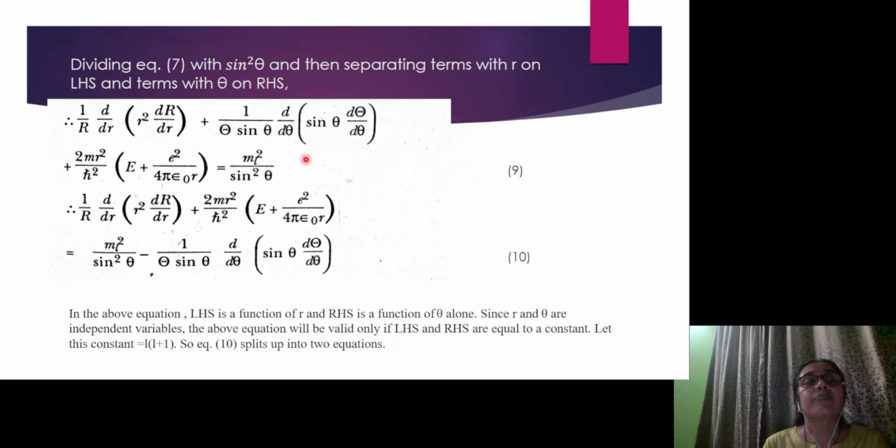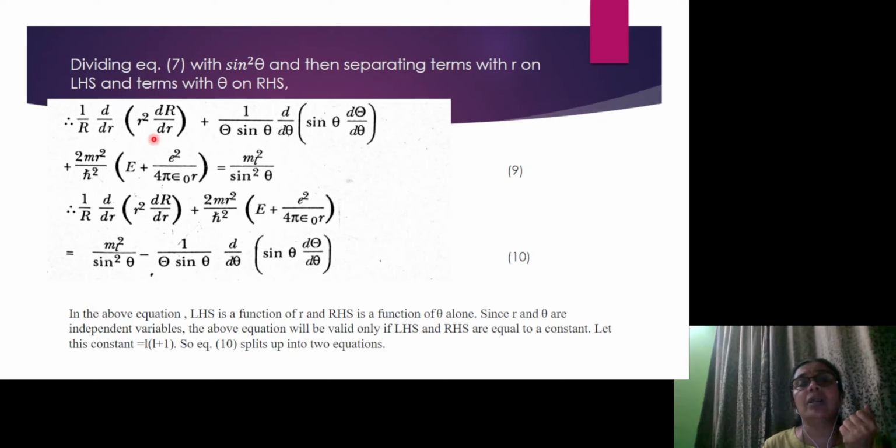Okay. Now, dividing equation 7 with sine square theta and then separating terms with r on LHS and terms with theta on RHS. See what we are doing. We do not want the term containing theta in the first term, which was containing the partial derivative with respect to r.